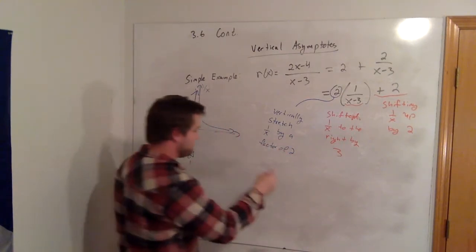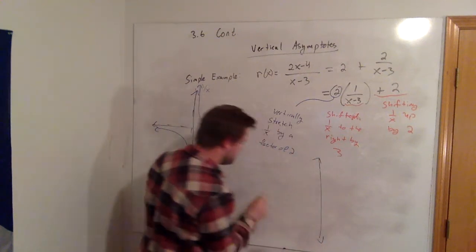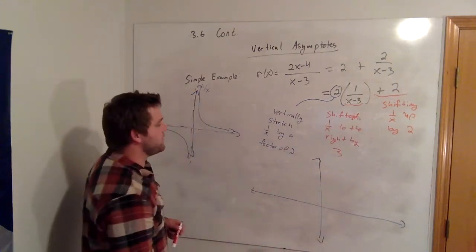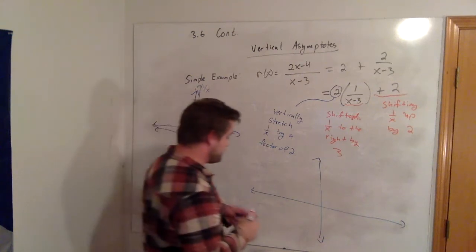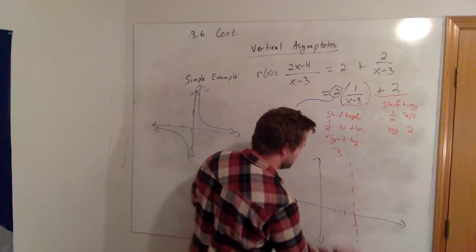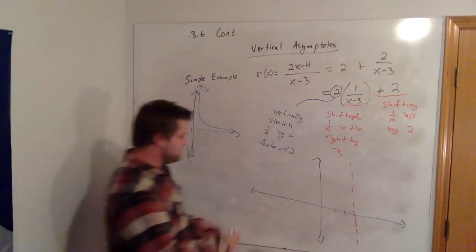So the graph of this function will look like, what have I done? I've shifted it right by 3 units. So this vertical asymptote will be shifted to the right 3 units. 1, 2, 3, so right here. And we've shifted 1 over x up by 2 units.